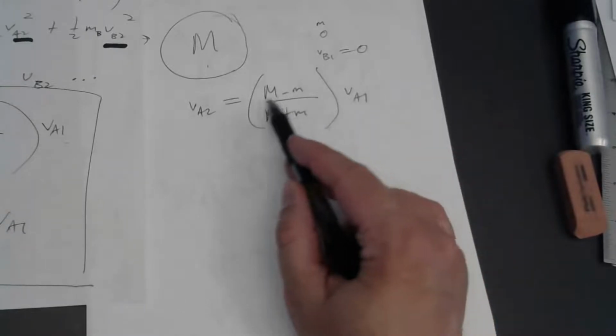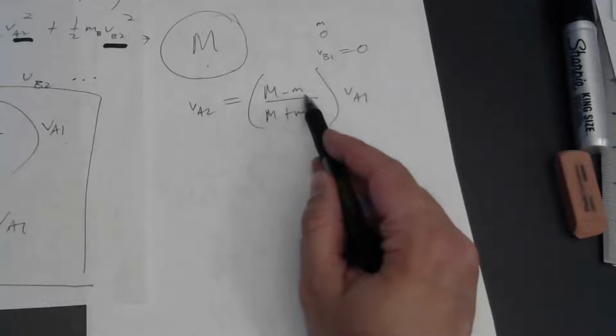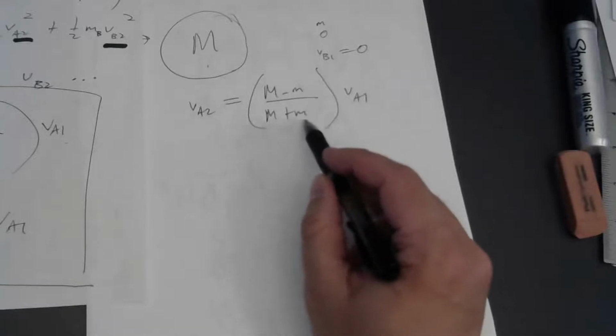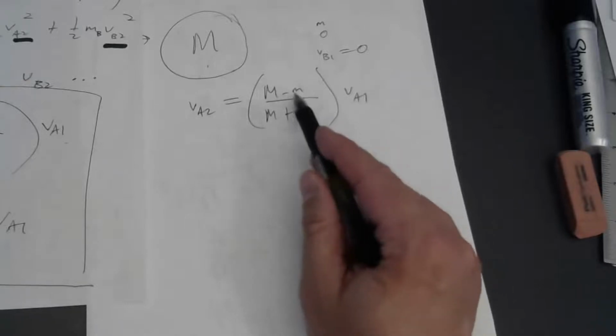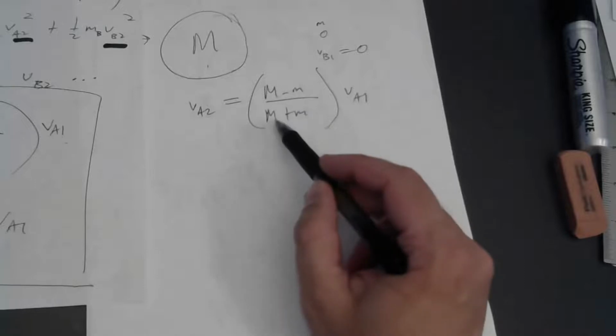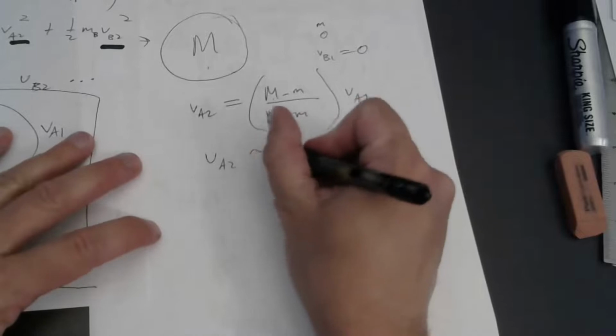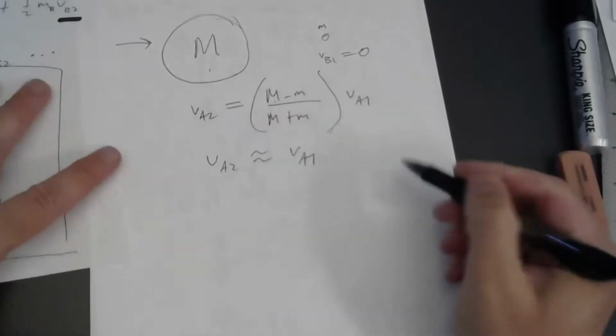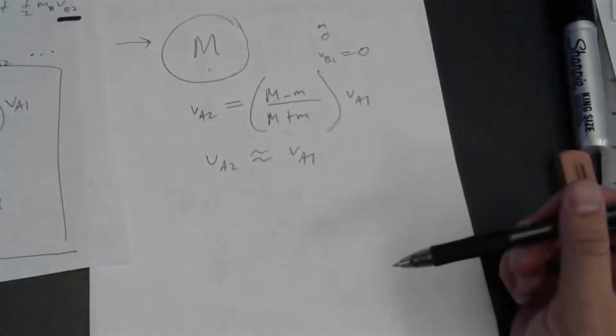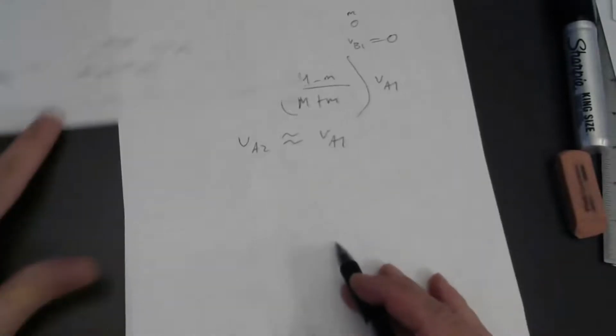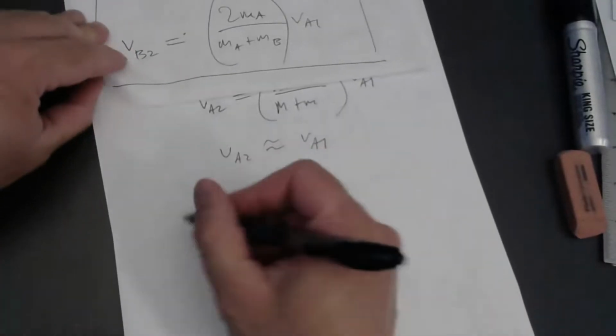What if this is 1,000 and this is like 0.001? 1,000 plus 0.001. Can't we just ignore the 0.001s compared to the 1,000s? So this is basically big M over big M, which is 1. As expected, the velocity of this mass is barely changed at all. Now what about the second guy, the little bouncy rubber ball?